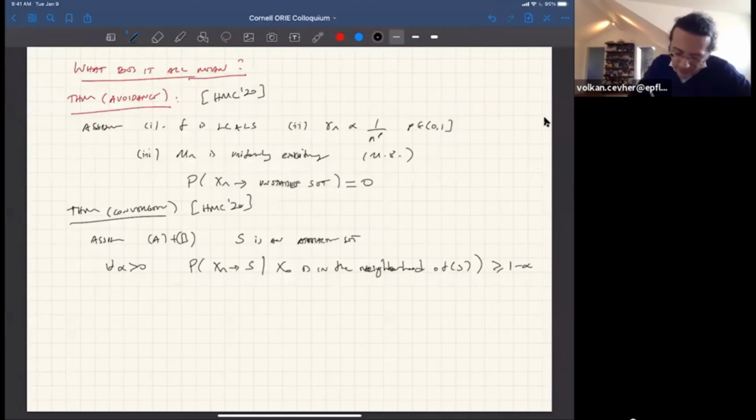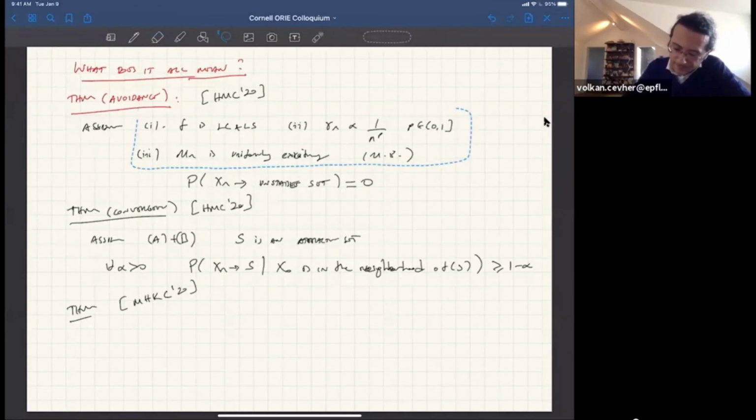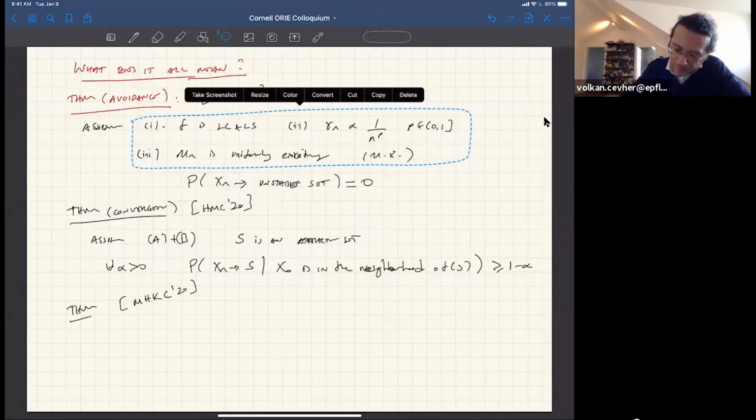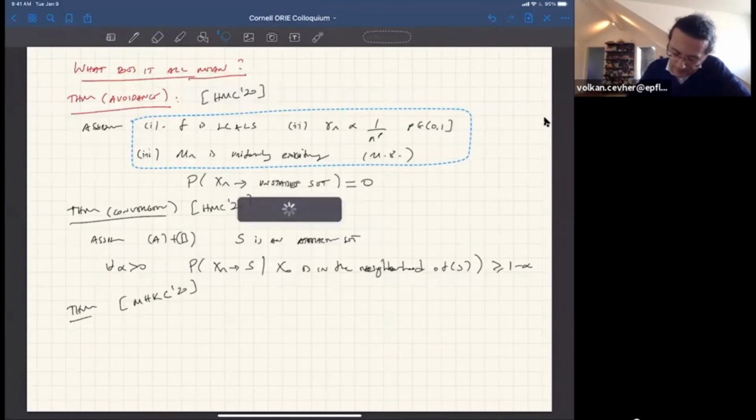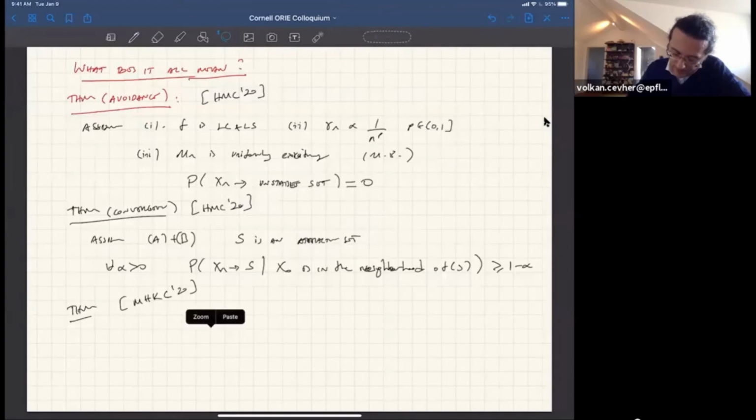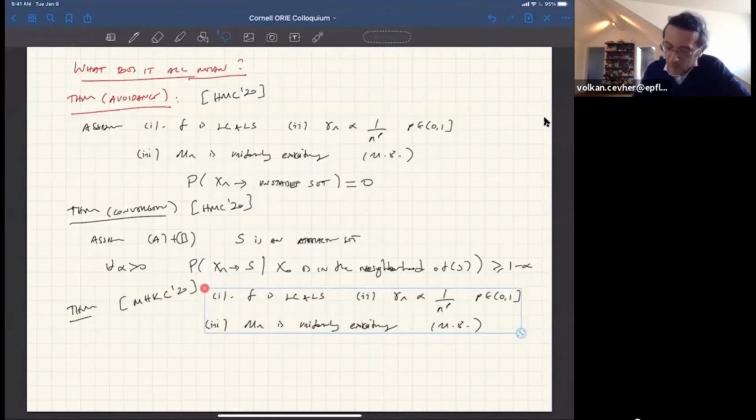In the min case, we have a slightly stronger result. So this is from NeurIPS. If you have the same conditions, right?